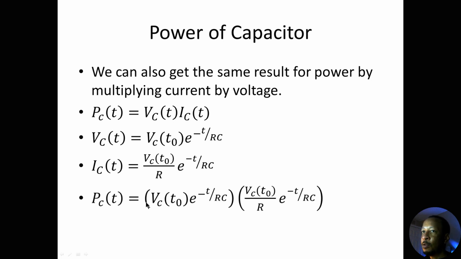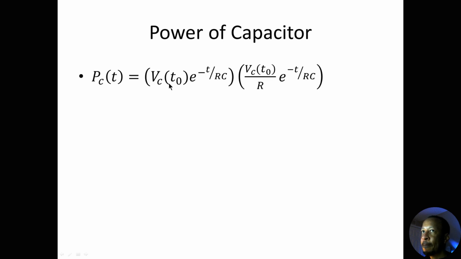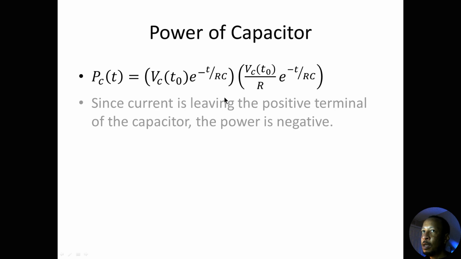And then when we multiply those two together, we get PC of t equals VC of t sub 0 times e to the negative t divided by RC times VC of t sub 0 divided by R times e to the negative t divided by RC. Restating that again, it's VC of t sub 0 times e to the negative t divided by RC times VC of t sub 0 divided by R times e to the negative t divided by RC. And so since the current is leaving the positive terminal of the capacitor, the power is negative.